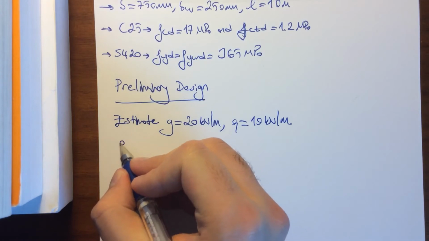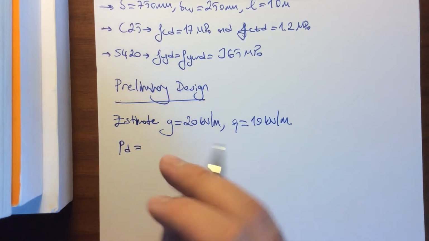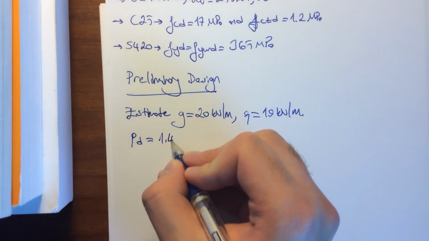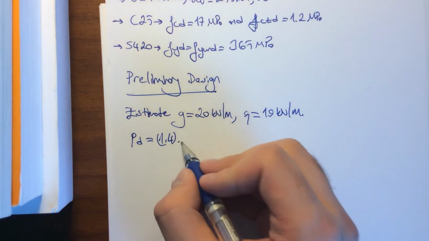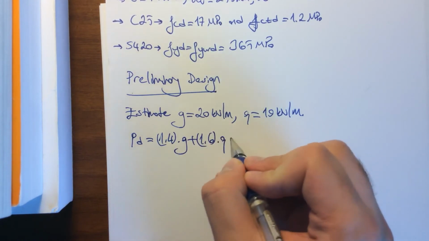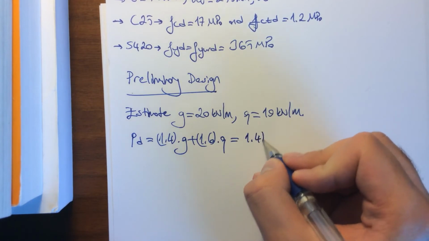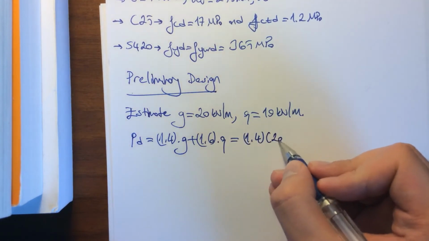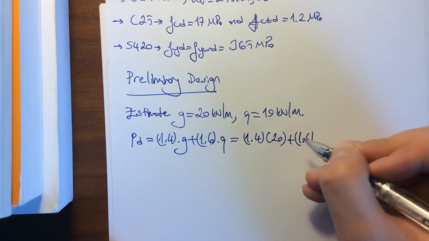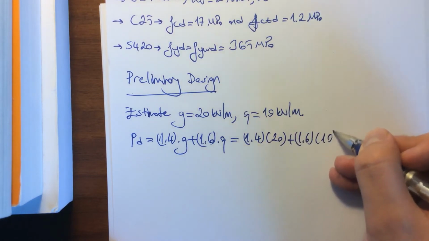So the distributed load, which we are going to denote with PD, is 1.4 times G plus 1.6 times Q. So it is 1.4 times G, which is 20, plus 1.6 times Q, which is 10.